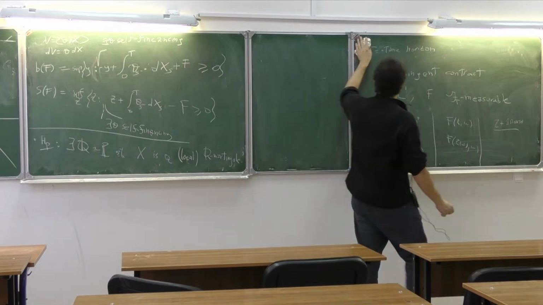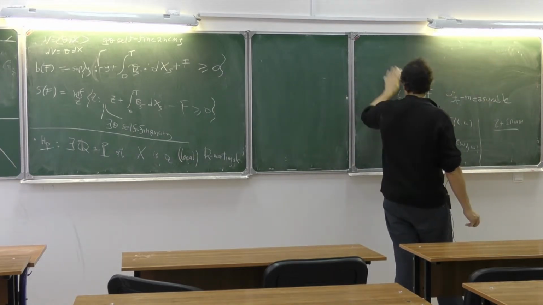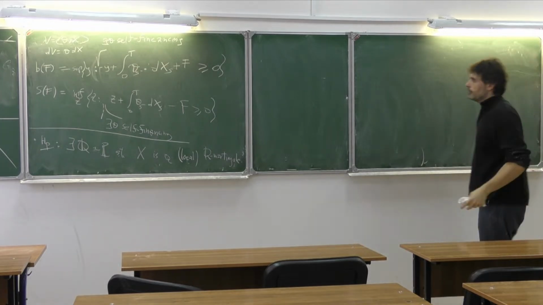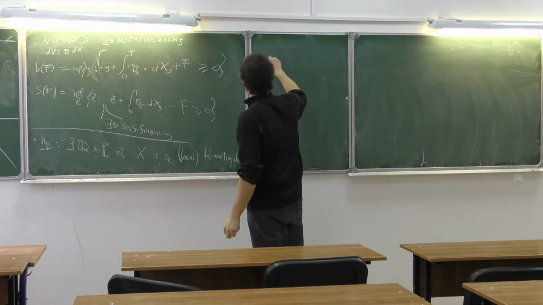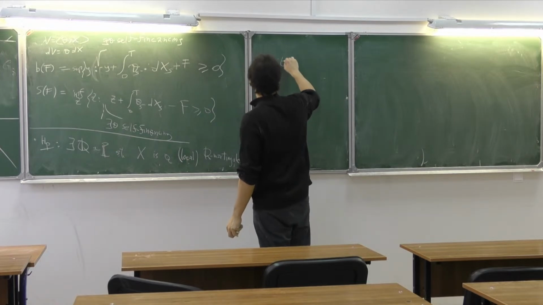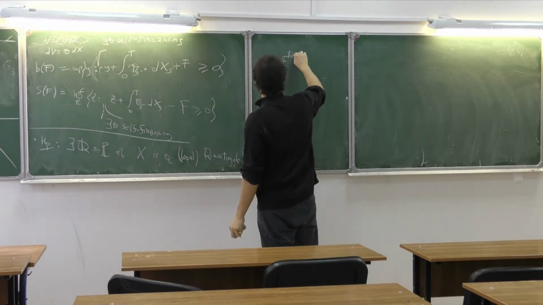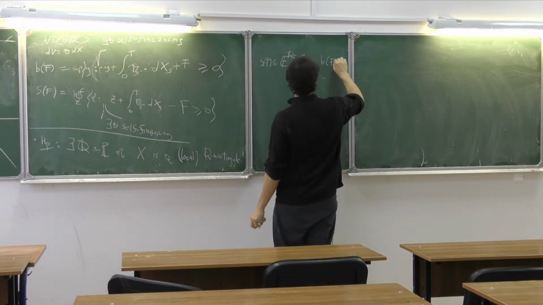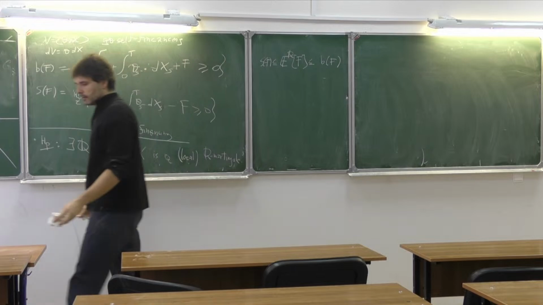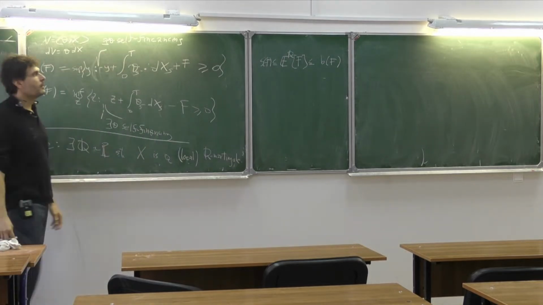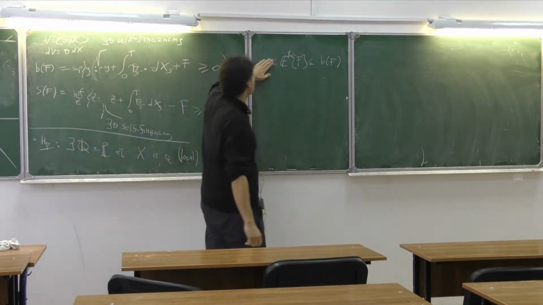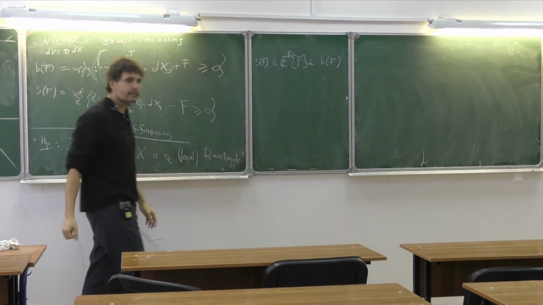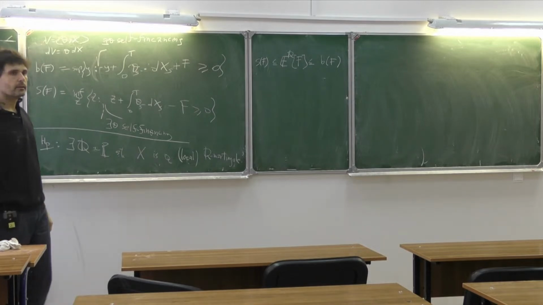Okay? So in this case, we had that the seller price is always less or equal than the expected value of Q with respect to this measure Q of F, which is less or equal than Q of F. So it's clear that if there is no arbitrage, the buying price and selling price will be ordered in this way.